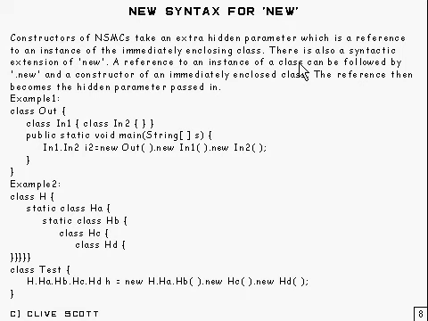A reference to an instance of a class can be followed by .new, and then followed by a constructor of the immediately enclosed class. And the reference, that's the outer class there, then becomes the hidden parameter that's passed into the enclosed class.